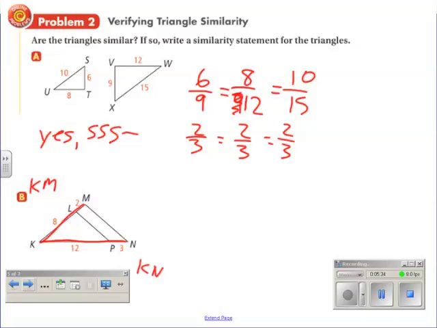So if I look at KL and say KL must be proportional to KM, that length there would be 8 is to 10, because if I do 8 plus 2, I end up with that 10. And then now if I do the same thing down on that bottom line, KP is to KN, I have 12 is to 15.